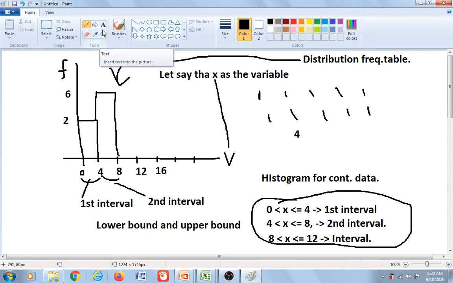Now the next question is how many intervals that we need to make. There is no fixed rule for that.